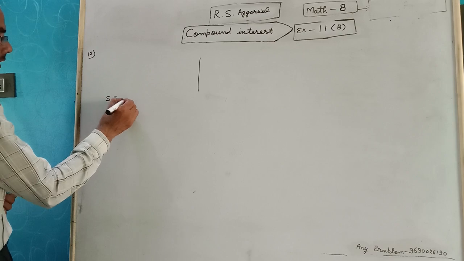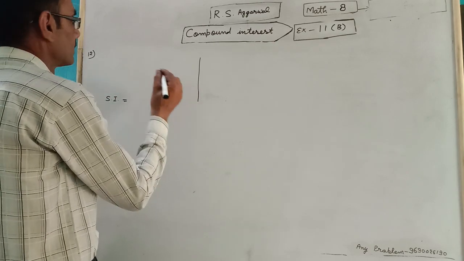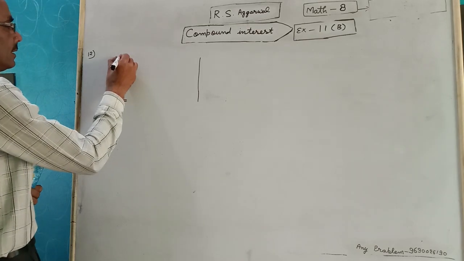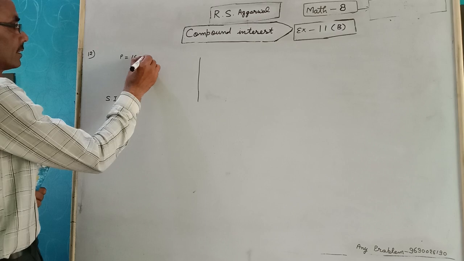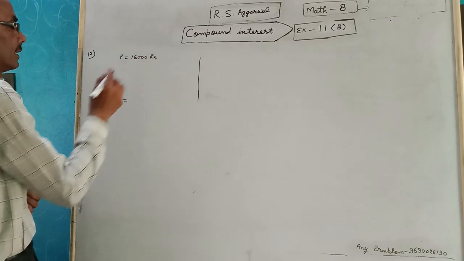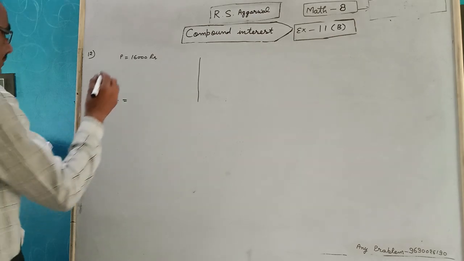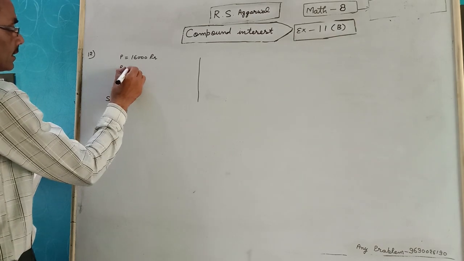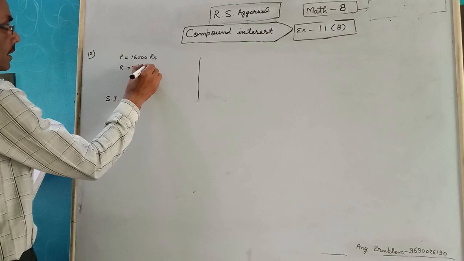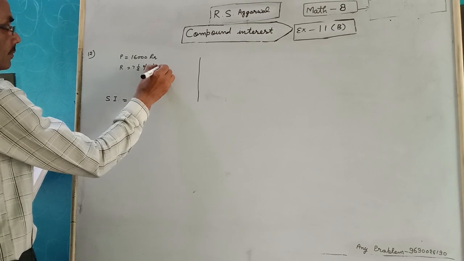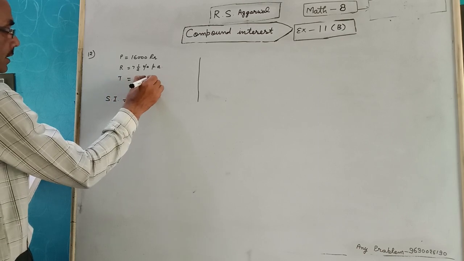P will be 16,000 and R is 7 whole 1 upon 2% per annum. Time is 2 years.